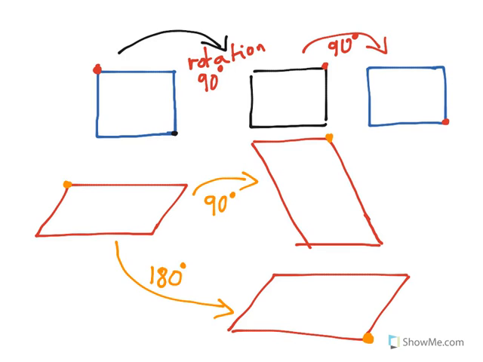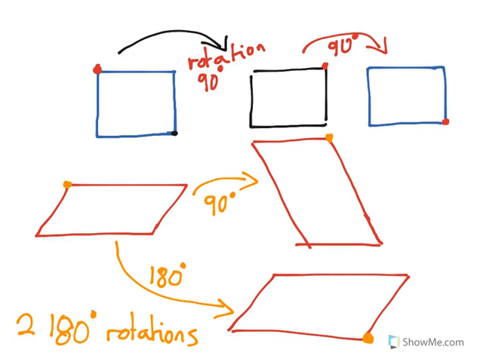To get this dot back to the original point, back up there, I would have to rotate it another 180 degrees to get it back to where it started. So we say that you can rotate this parallelogram, and because it takes 2 turns to get back to the original position, 2 180-degree rotations takes it back to its original position, where the yellow dot would be up in the top left-hand corner again.